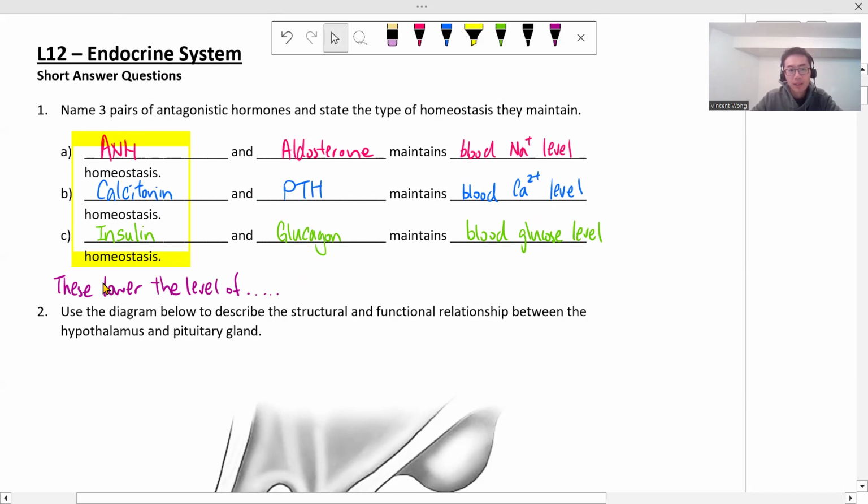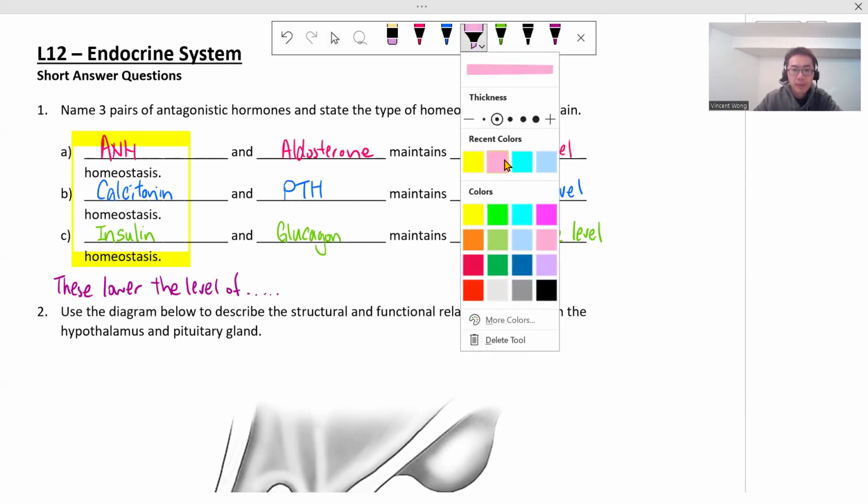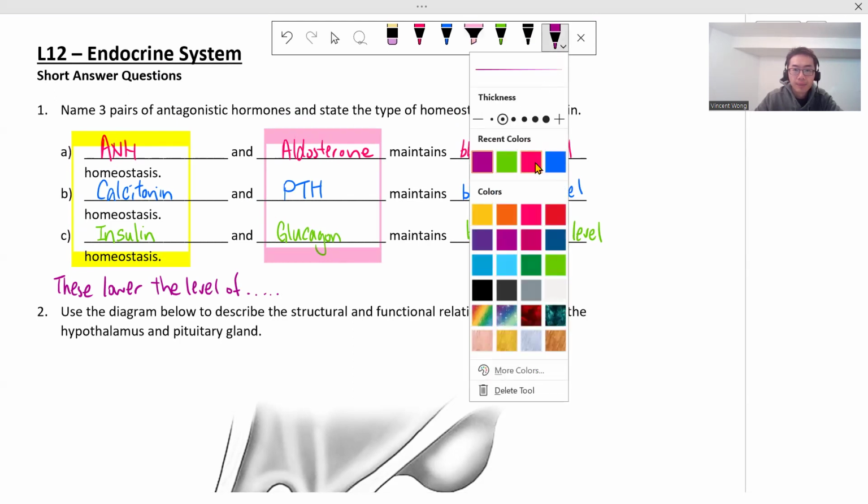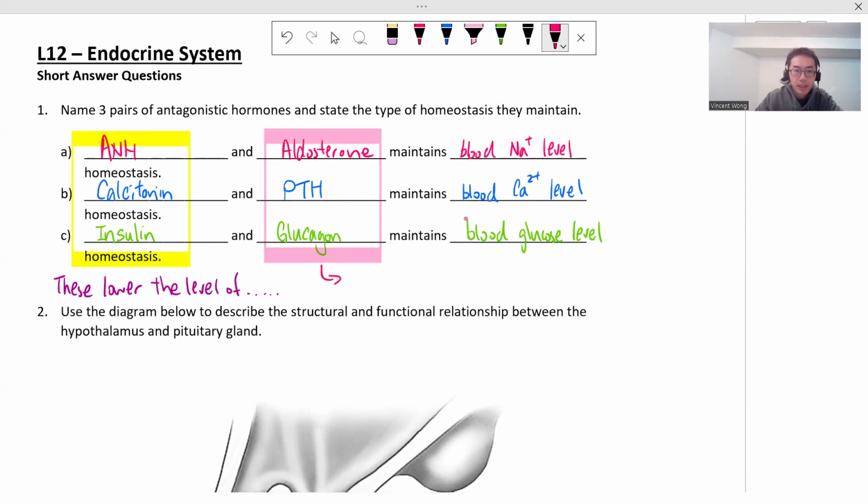the level of blood glucose. And on the other hand, these ones, I guess they will increase the level of, right?